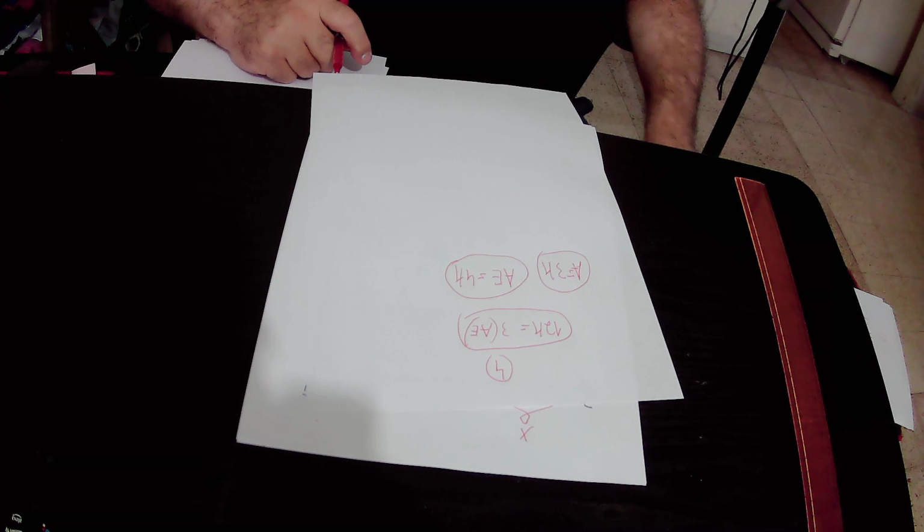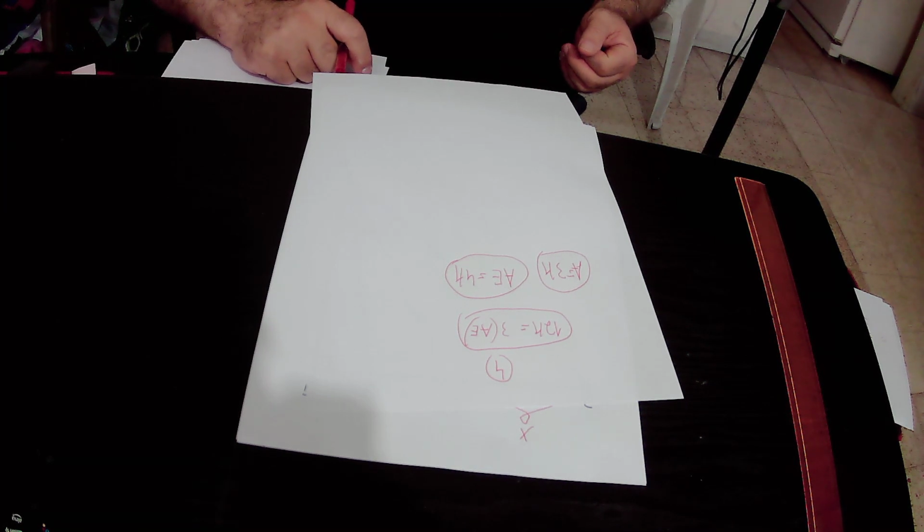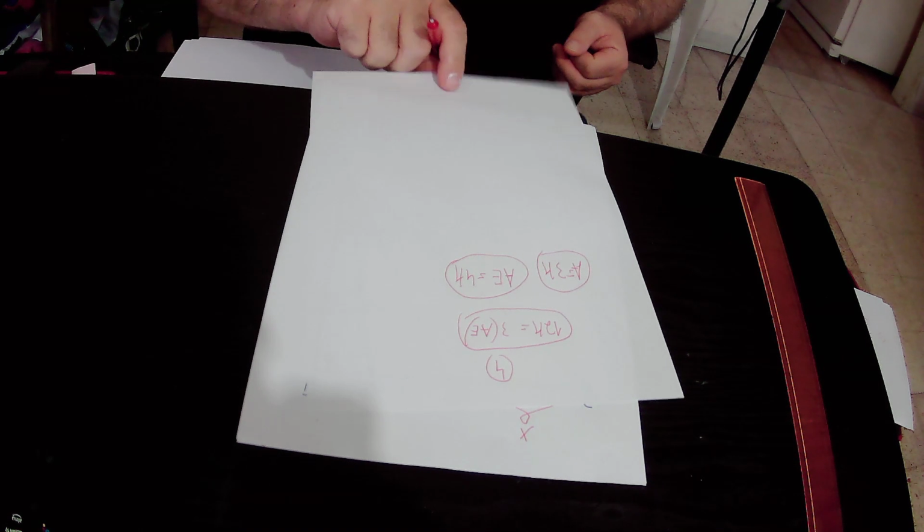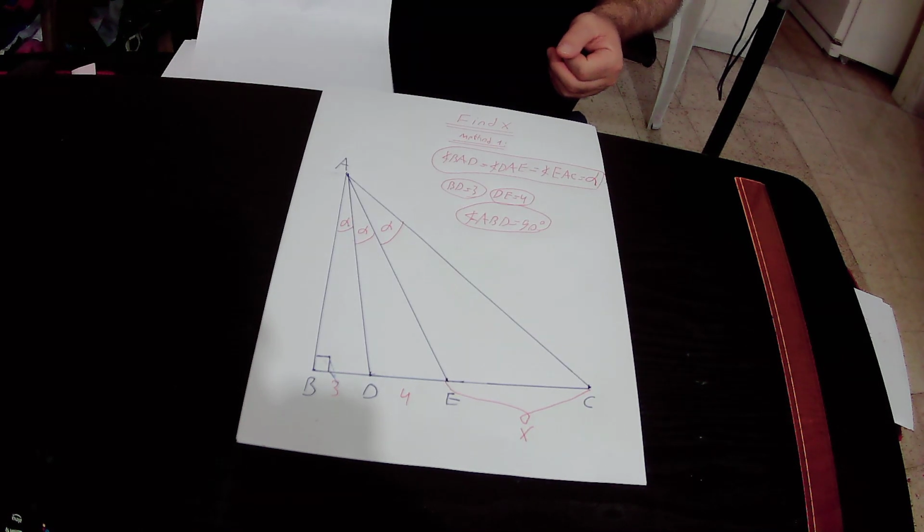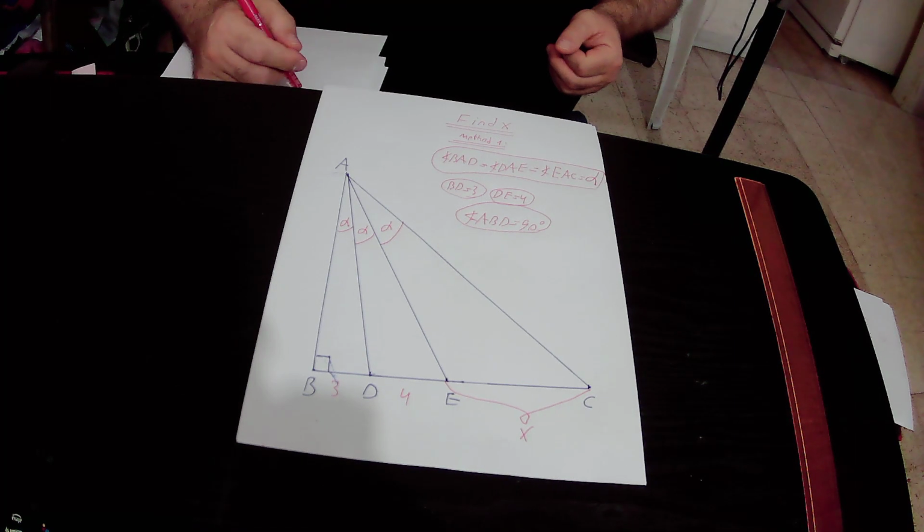Okay, so in the next step, we will continue to focus on the right triangle, triangle ABE. In the right triangle ABE, according to the Pythagorean theorem, the square of the hypotenuse equals the sum of the squares of the perpendicular sides.